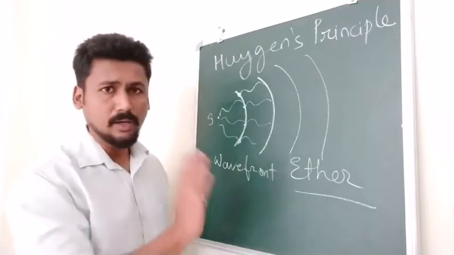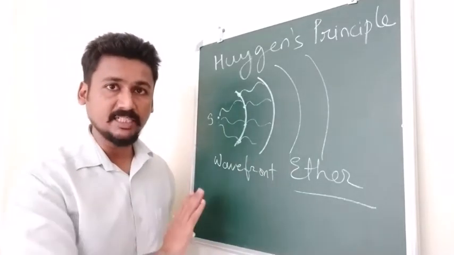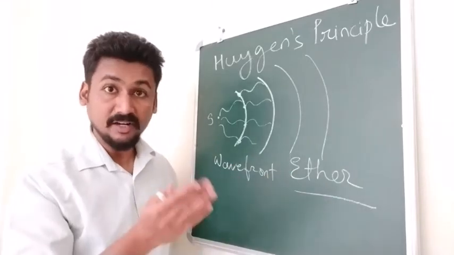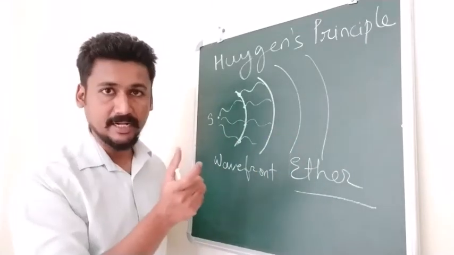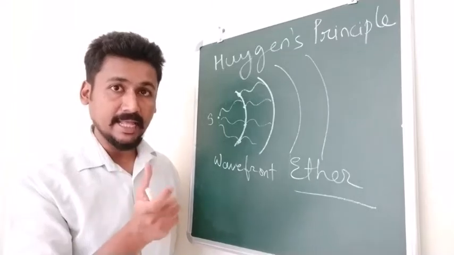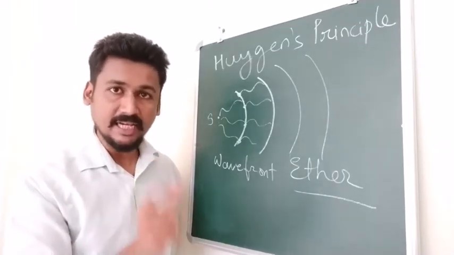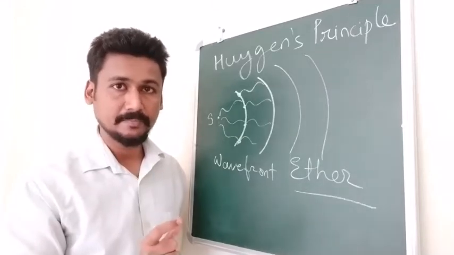So now generally we accept the Huygens principle with minor changes, correct? We know there is no ether, but we know that this theory of light is very correct, and we can study and analyze many phenomena considering the Huygens principle.